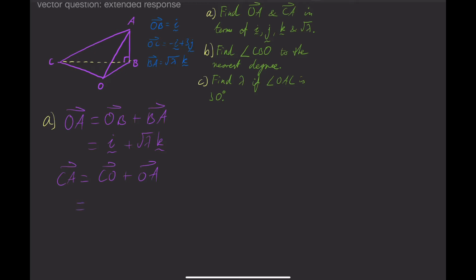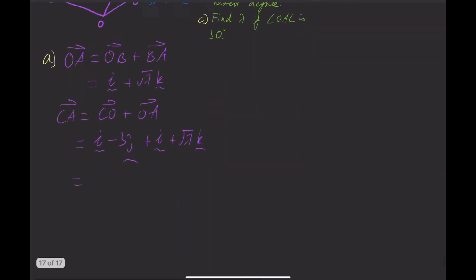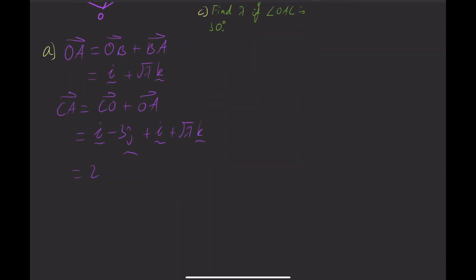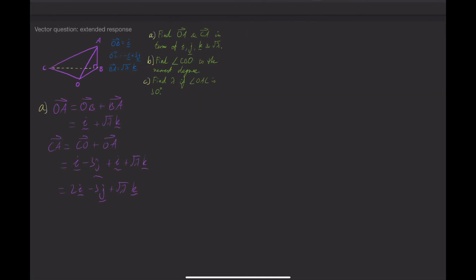So CO will be positive i vector minus 3j vector. And we're adding OA, so we're adding i vector plus root lambda k vector. So this becomes 2 times vector i minus 3 times vector j plus root lambda k. All right, so that is the first part of the question.